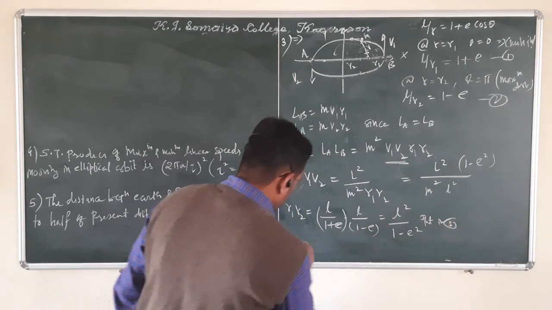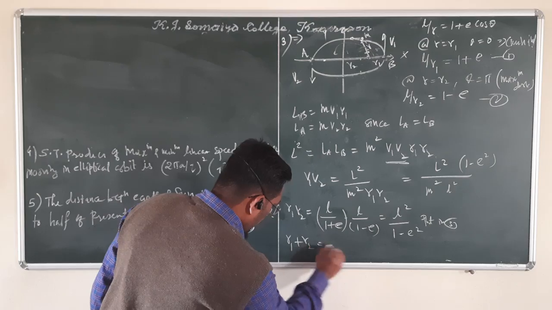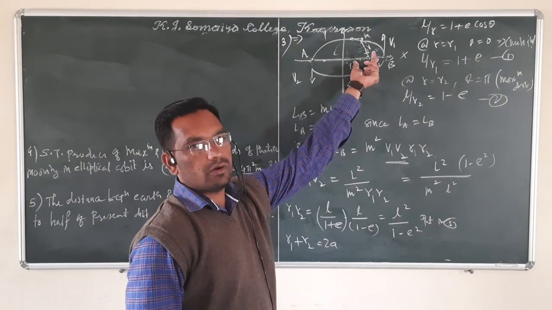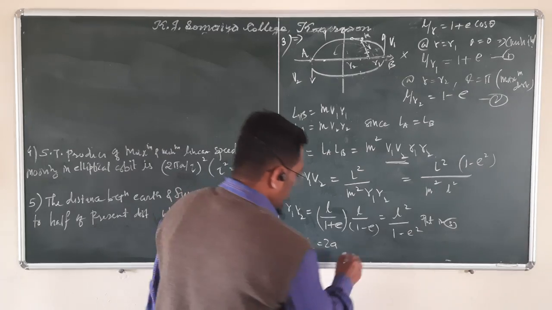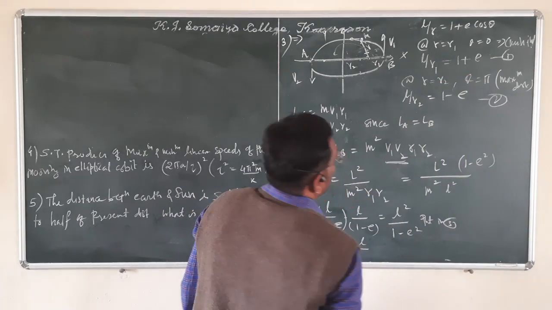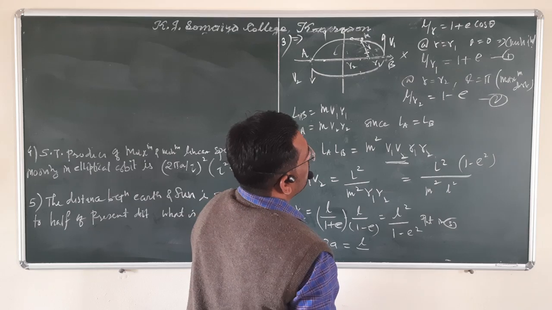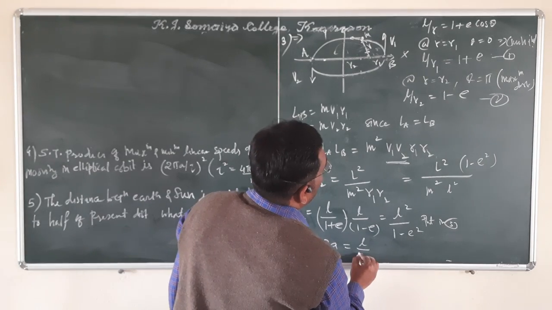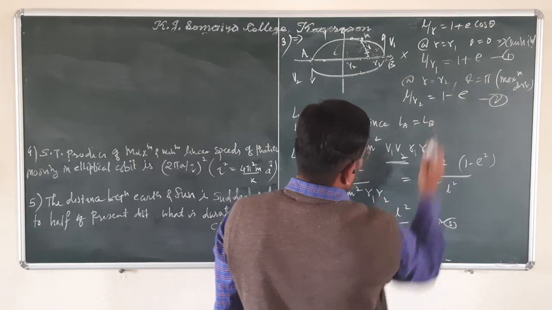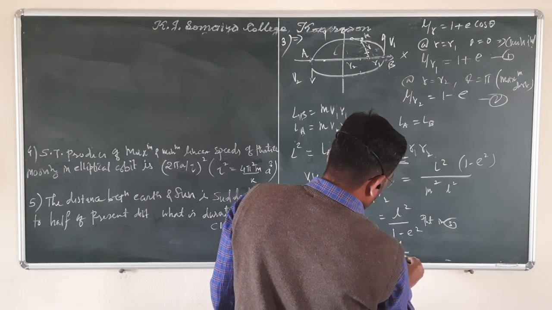Now, if you take r1 plus r2, which is nothing but 2a here. Now this is equal to l divided by r1, which is l divided by 1 plus e, plus r2, which is l divided by 1 minus e.